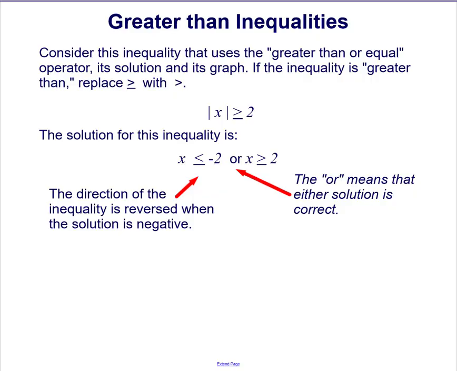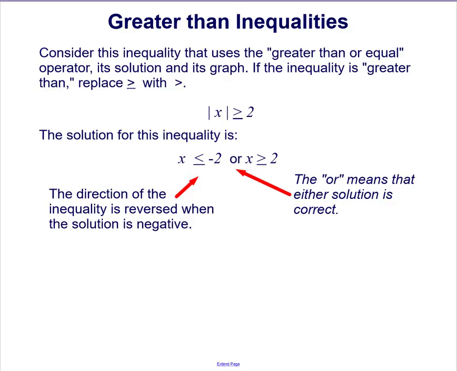And now we will turn our attention to greater than inequalities. Consider this inequality that uses the greater than or equal to operator, its solution, and its graph. If the inequality is greater than, replace greater than or equal to with the greater than symbol. Let's consider the absolute value of x, which is greater than or equal to 2.